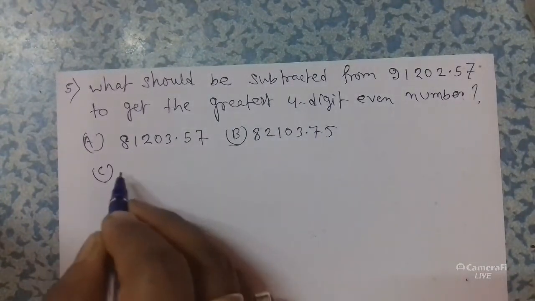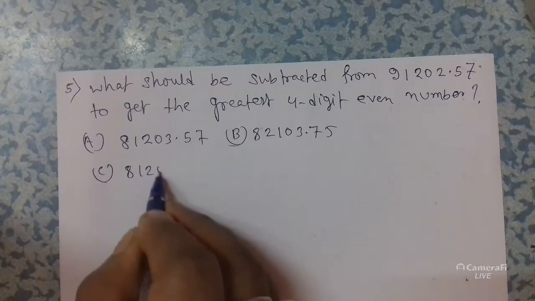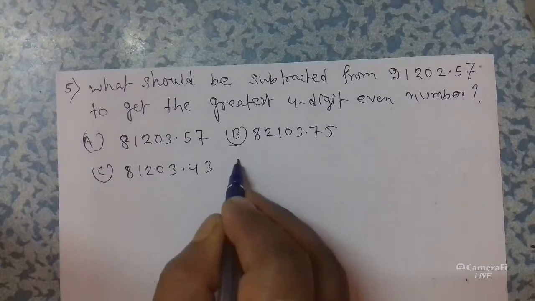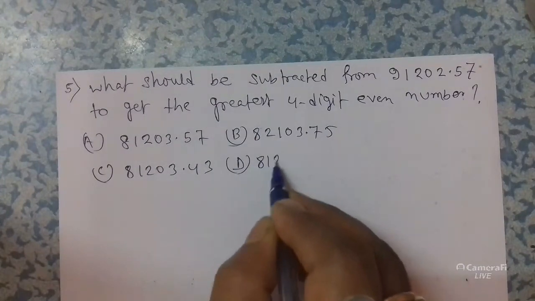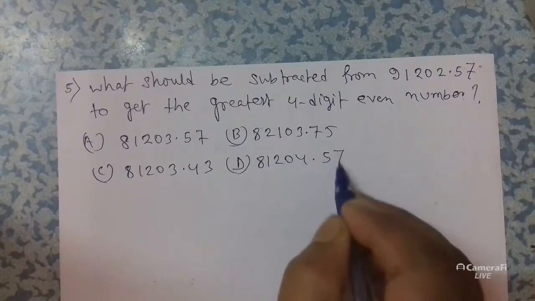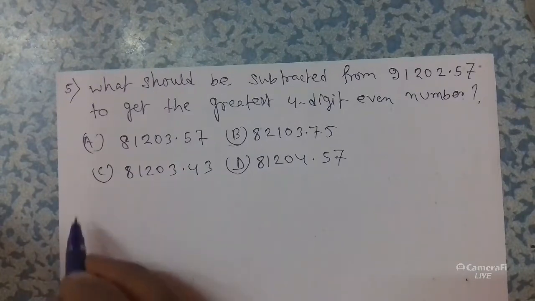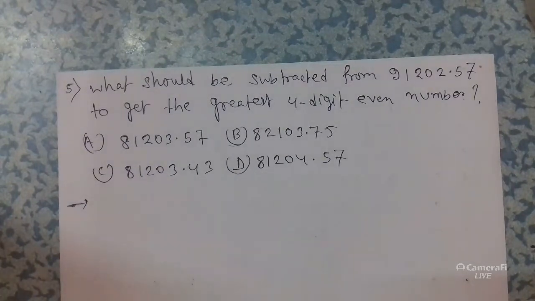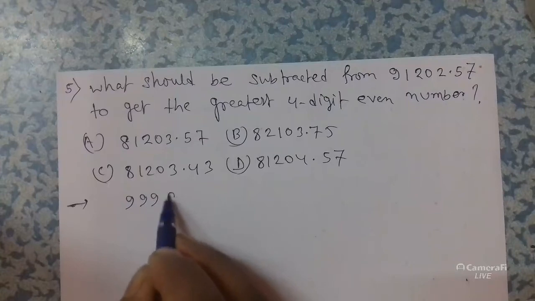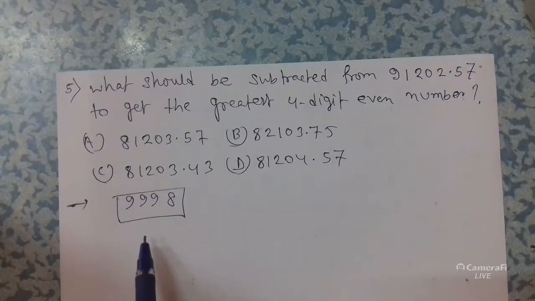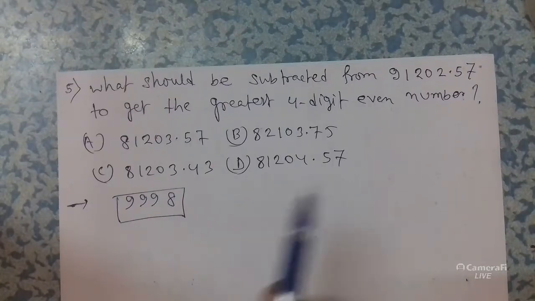82,103.75, option C 81,203.43 and option D 81,204.57. Now the problem is, what should be subtracted from 91,202.57 to get the greatest 4-digit even number? So we know the greatest 4-digit even number is 9998. Now we have to find what should be subtracted from this.